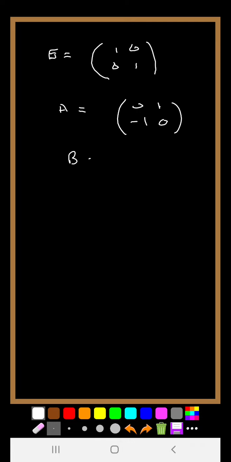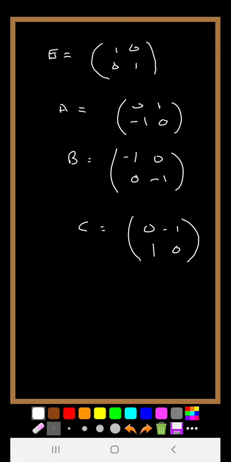Matrix B: minus 1 0 0 minus 1, and matrix C: 0 1 minus 1 0. The operation is matrix multiplication.